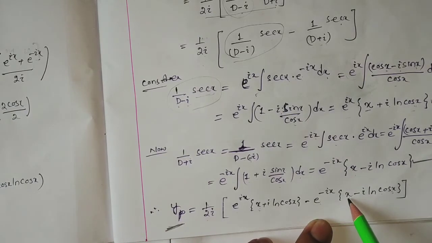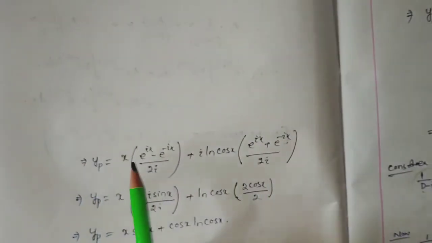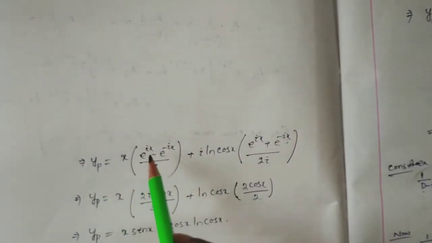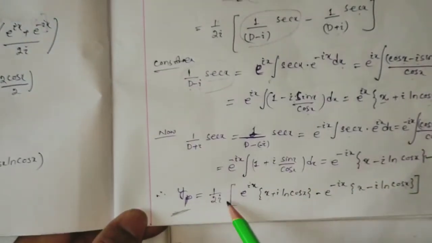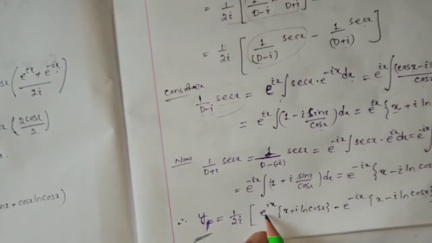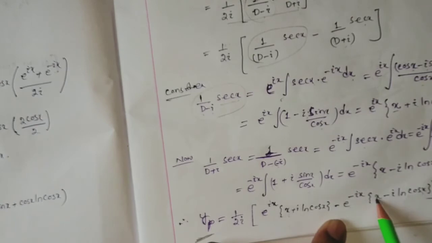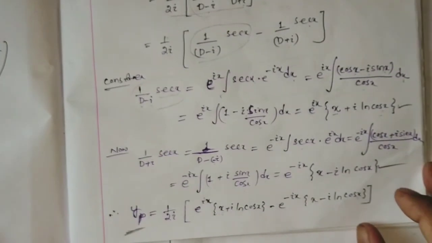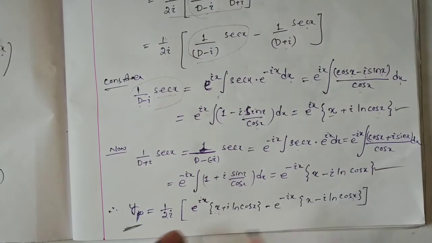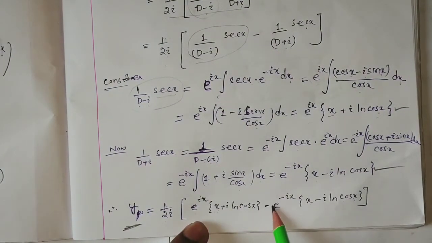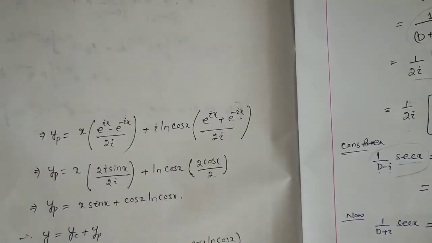So if I take x common, then what are we going to find? e to the power ix minus e to the power minus ix by 2i, because already 2i is there. Same thing it has been written.